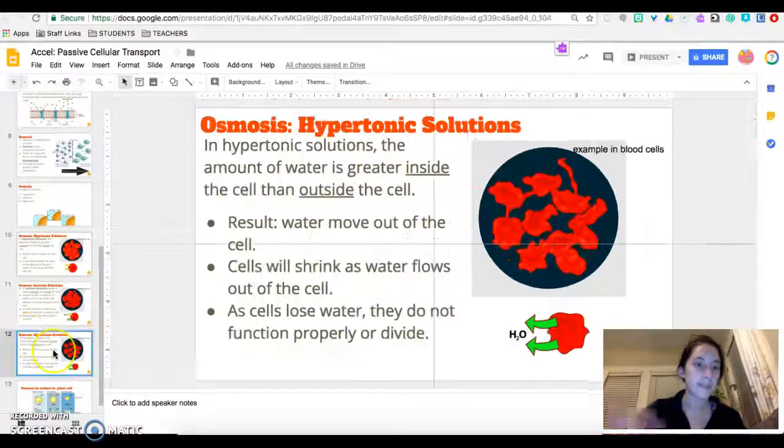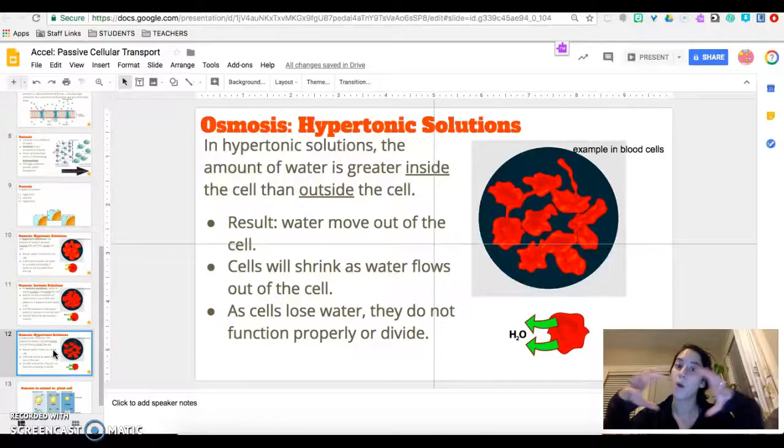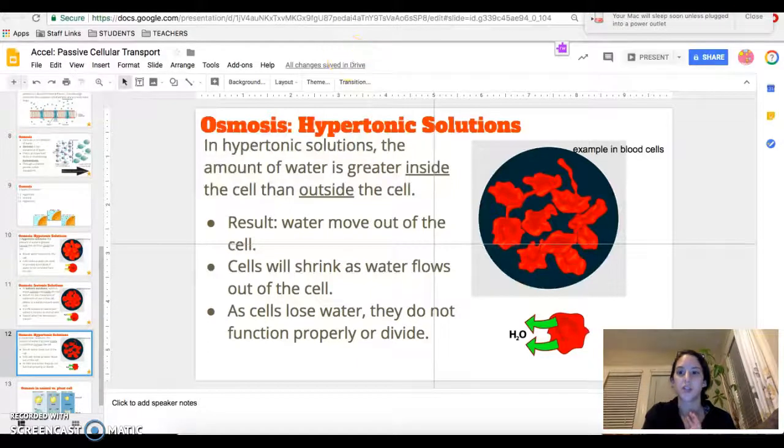But next thing, hypertonic. So we went hypo, iso, hyper. Hypertonic means that there is a greater amount of water inside the cell than the outside. So then the water wants to go again. It's always trying to get to isotonic. It's always trying to get to balance. So the water is trying to go outside as fast, as much as possible.